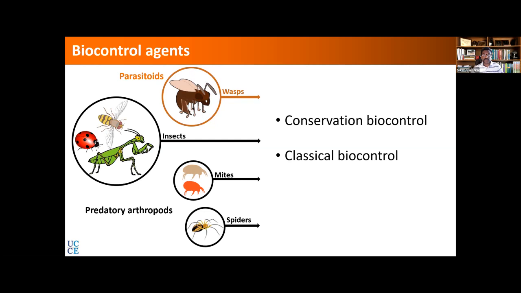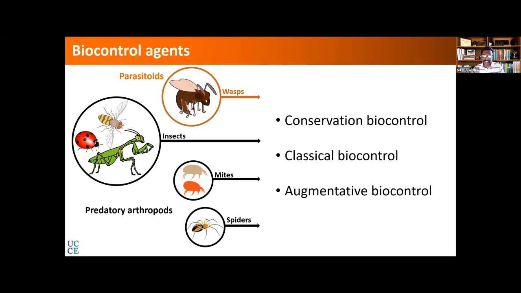Then you have this classical biological control approach, which is primarily used for invasive pests. So you bring natural enemies from the native area of an invasive pest and release them in its new home. Then we have augmentative biocontrol, where we periodically release these natural enemies.